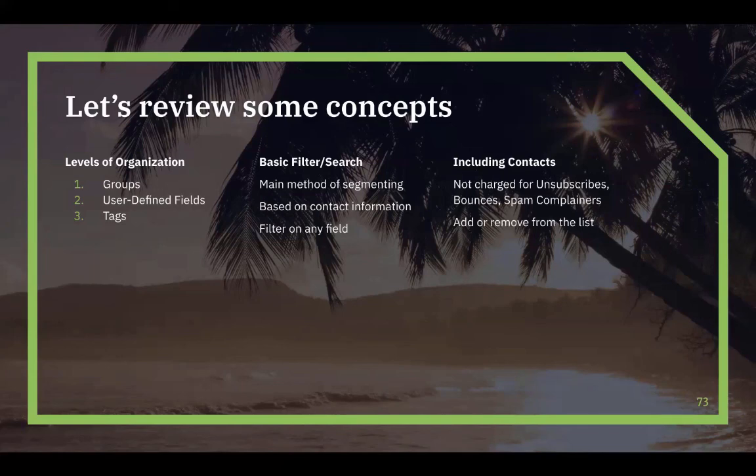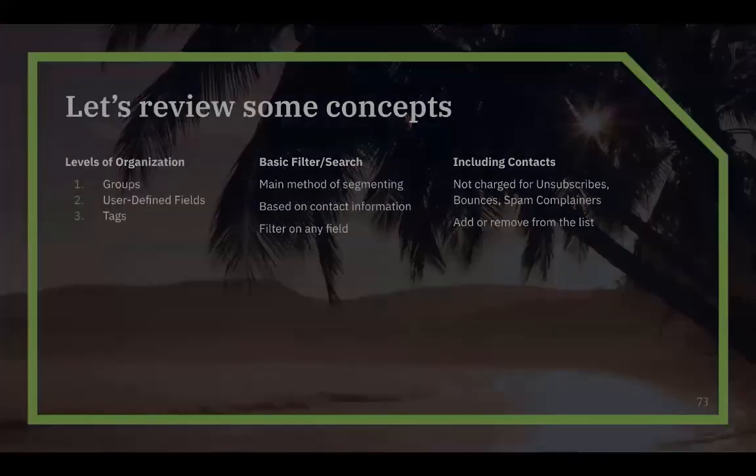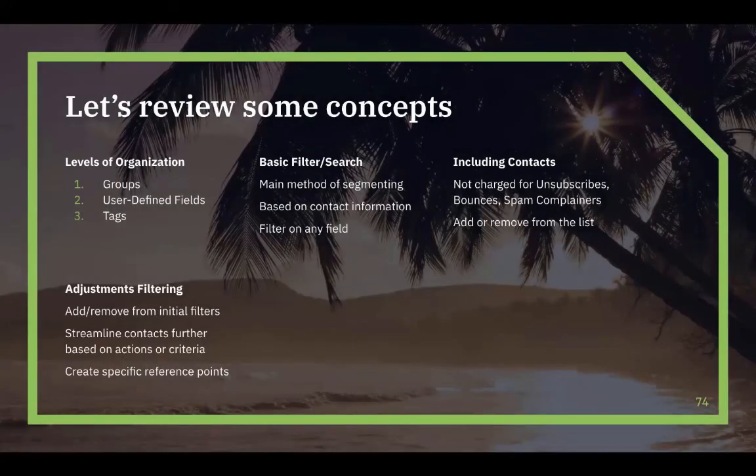Since you're not charged for unsubscribes, bounces, or spam complainers, you can use the include area to add or remove these contacts from your list. The adjustments filtering is more of that advanced searching, and this is based on the engagement that your contacts had with your account. So you can add or remove them from the filters. It streamlines the contacts based on their actions.